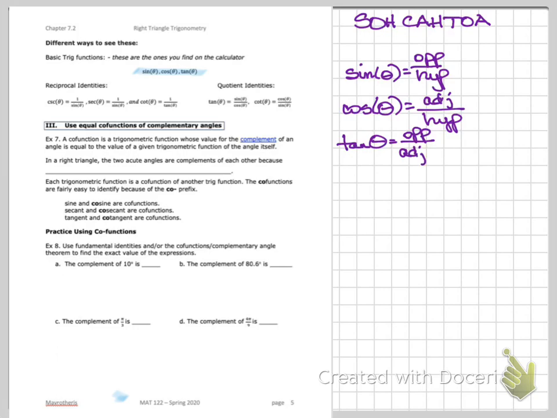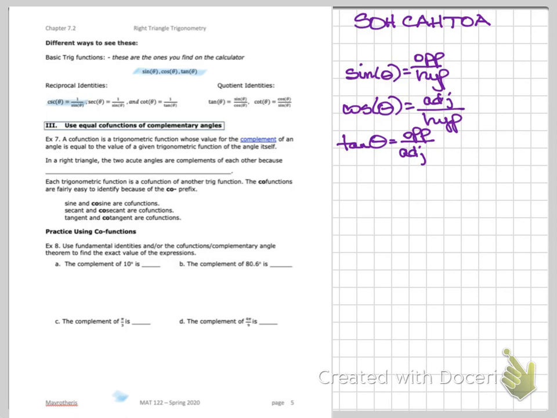Okay. Then it's important that you can match up a trig function with its reciprocal. So again, I mentioned before, an S and a C have to go together. So cosecant is the reciprocal of sine.